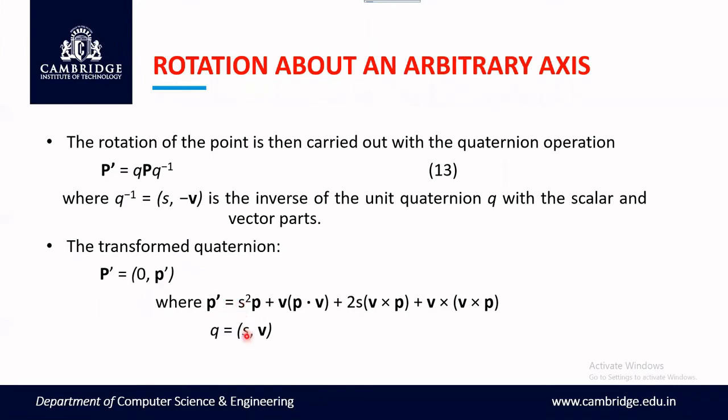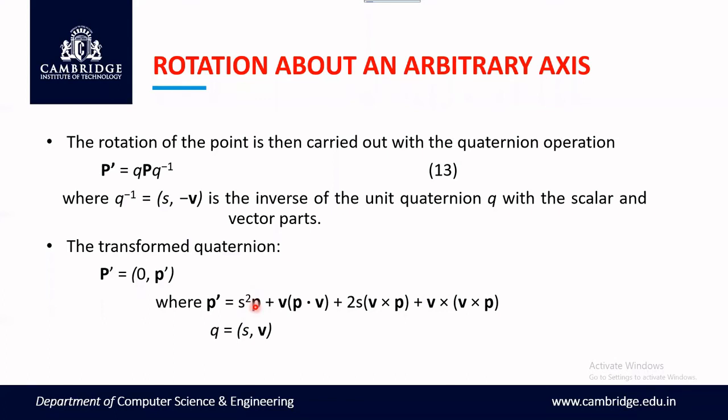S is the scalar part of the quaternion S comma V. After rotation of the point P by angle theta, the quaternion you get is Q, S comma V. So for the rotated point, the quaternion is P dash, that is, 0 comma p dash.